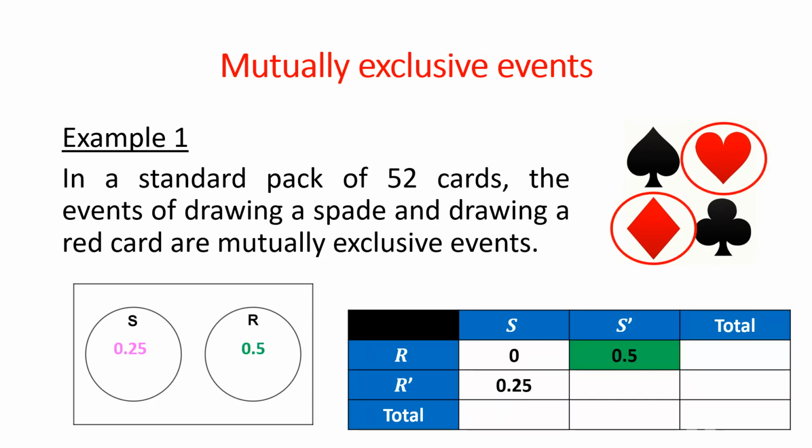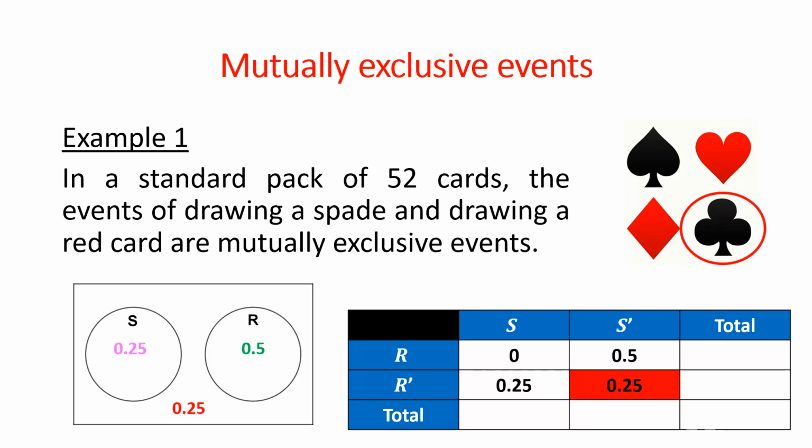We can get a red card and not a spade. So this box is red card and not a spade, and that is 0.5, because a red card and not a spade must just be one of the two red cards, and there's a half chance of that happening. Half is equal to 0.5. So we can pop that into the Venn diagram as the probability of getting a red card.